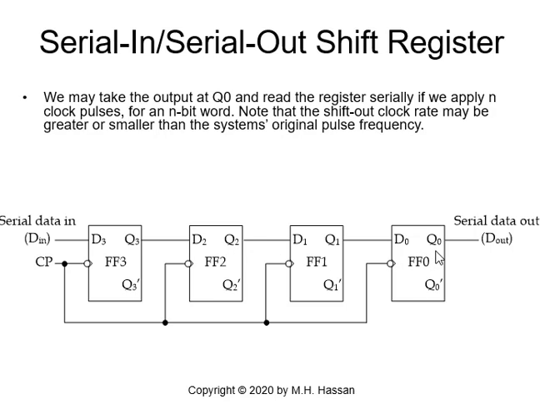Now, with the other clock pulse, you'll take the Q0 out, and the register will reset again. It's a beautiful, simple mechanism that allows you to input the data in series, or serial in, and take it out in series as well, serial data out.